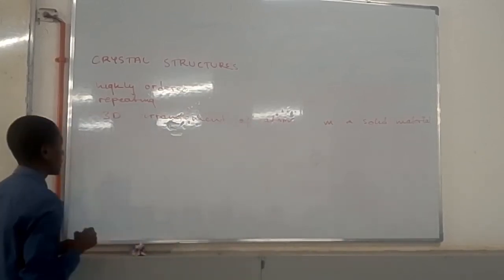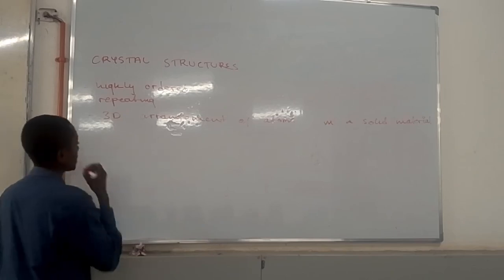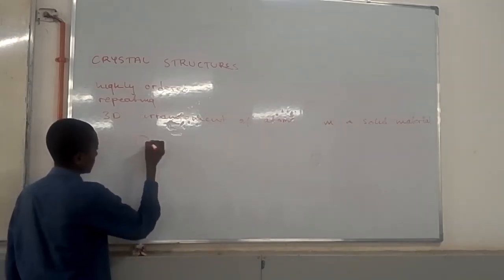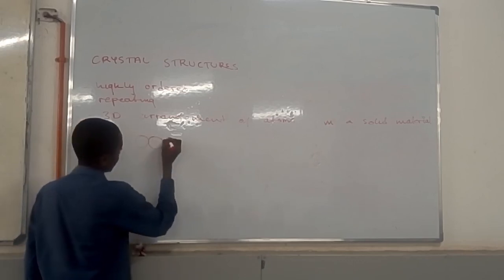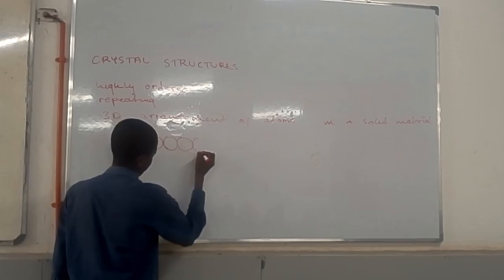So let's say we had a crystal structure which had this arrangement of atoms. Of this one, this one, this one here, this one.